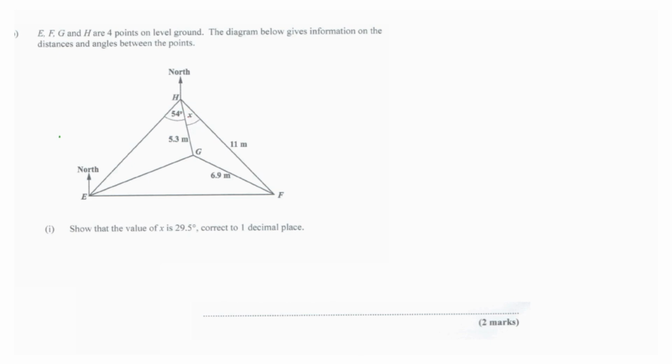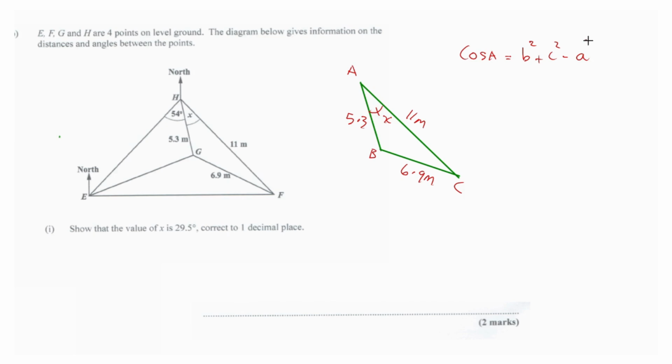What I'm going to do is quickly redraw this here and label it ABC, because you are familiar with that. So if I just quickly redraw the shape there, we write cos A equals B squared plus C squared minus A squared, all of that over 2BC.